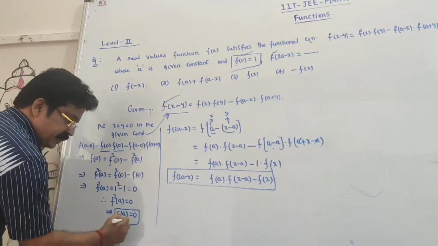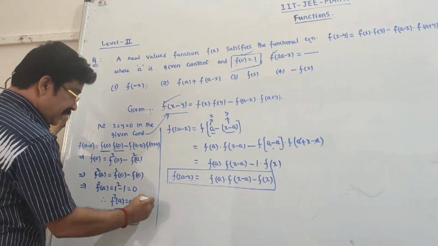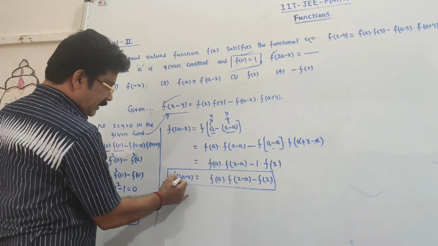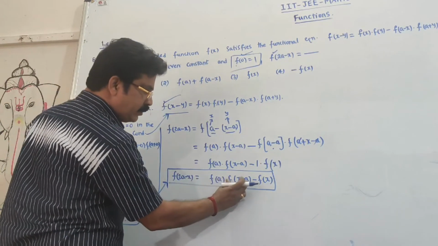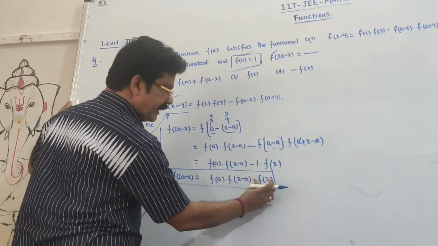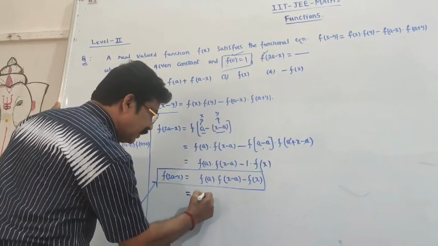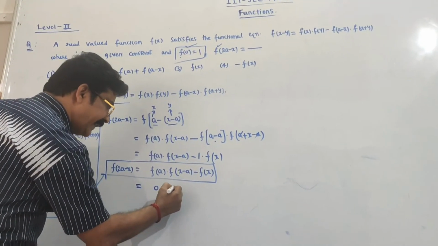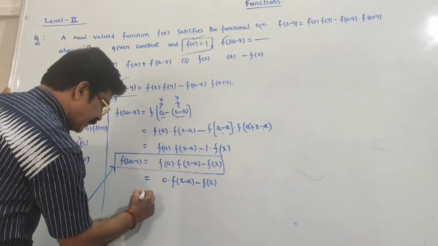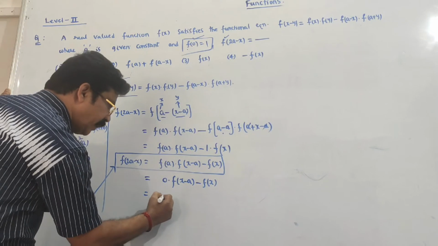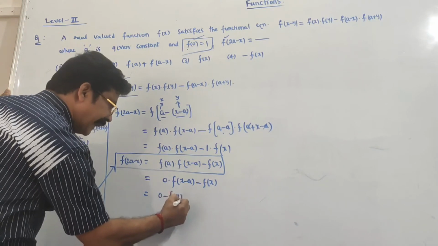So let us substitute this value in the question. The question is f of 2a minus x. We got it as f of a into f of x minus a minus f of x. So that is equal to 0 into one finite value minus f of x. So therefore 0 into f of x minus a minus f of x.